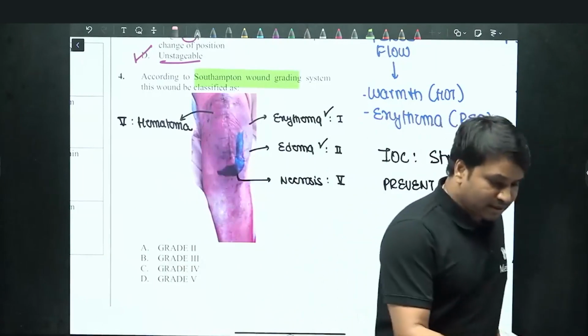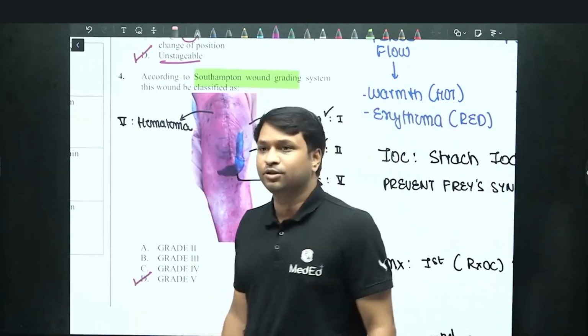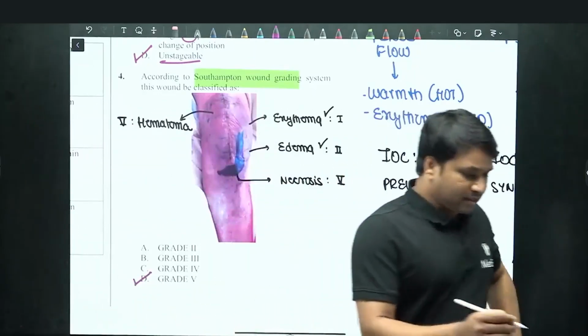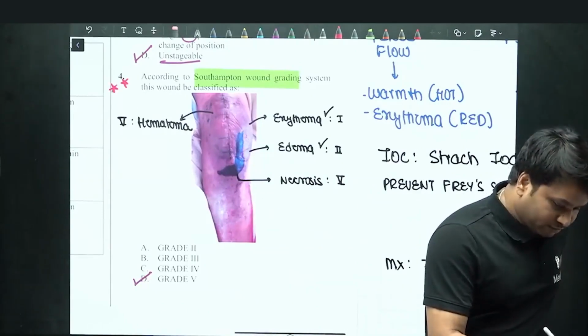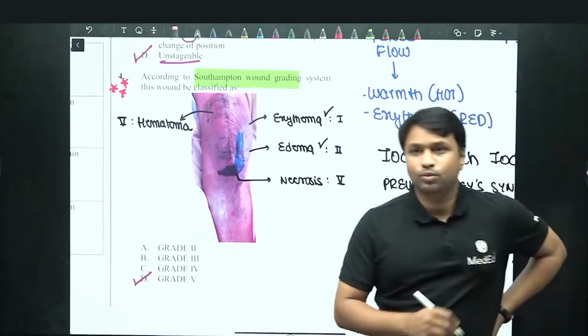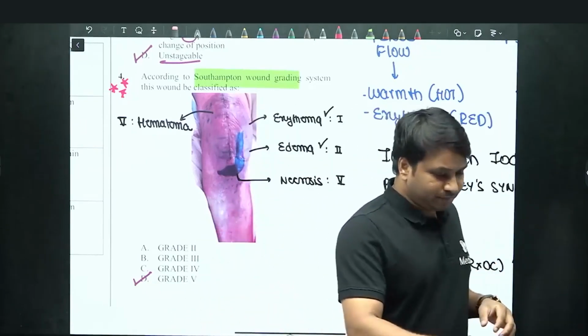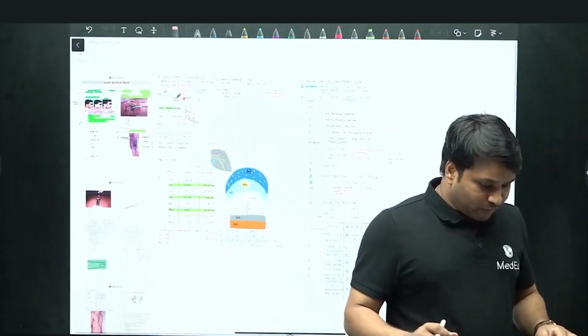And highest among these is going to be our D for Delhi, that is grade 5. This is again a very important exam question, your Southampton wound grading system. Clear? Right. So far, any questions?